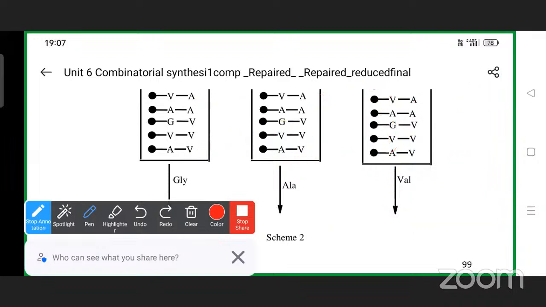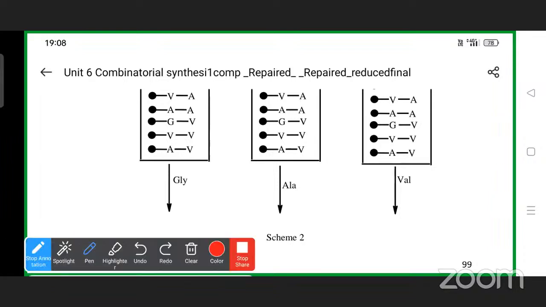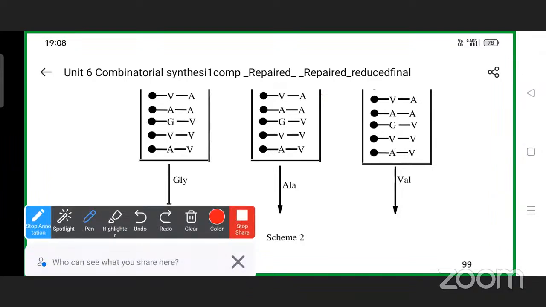Or, for example, if you are not stopping the reaction at this stage, after getting the tripeptide, if you want to extend the synthesis and synthesize the tetrapeptide, then you take all these in one reaction vessel and equally distribute them into three reaction vessels.